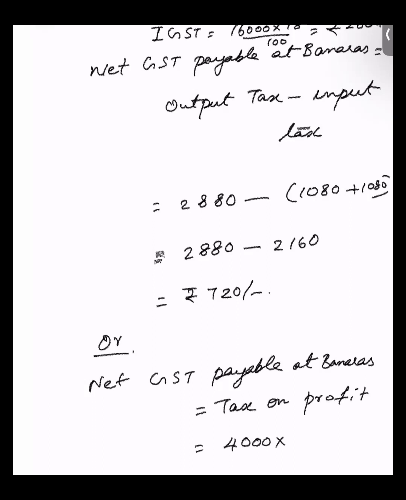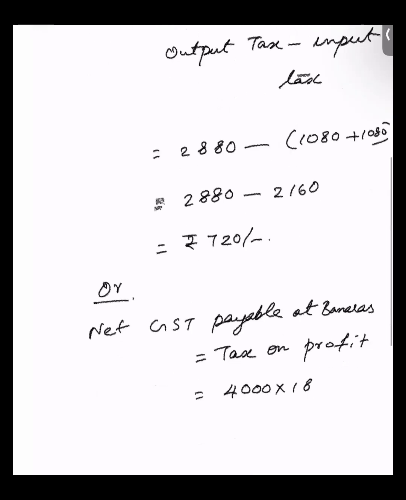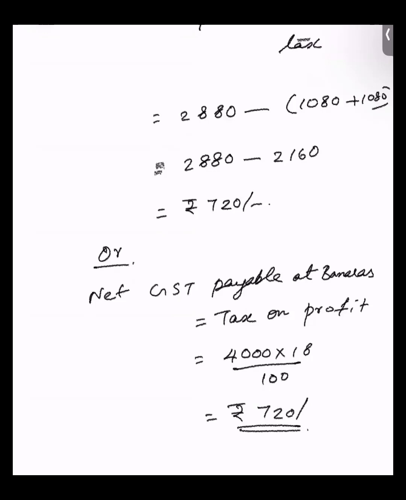So 4,000 into 18 divided by 100, which is again 720. So you can do net GST payable at Benares in one of these ways, either using the output tax minus input tax credit approach or using tax on profit. Both ways will give you the same answer.